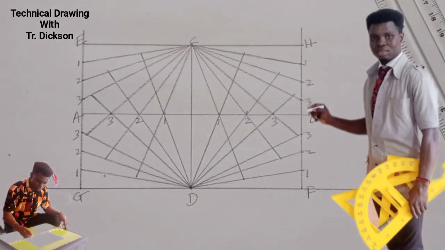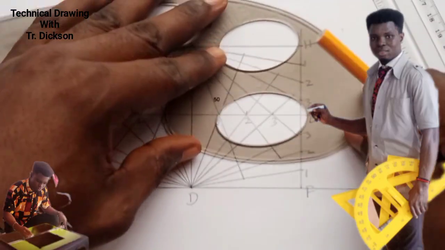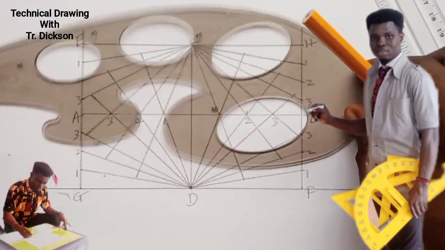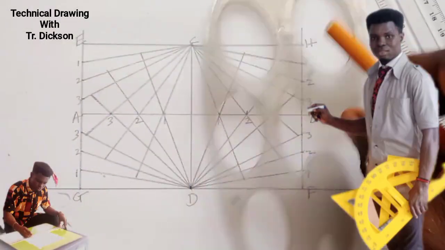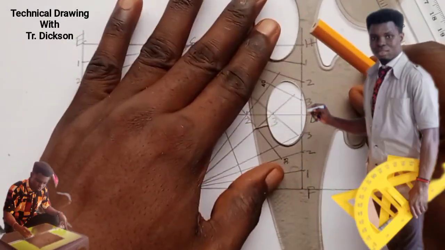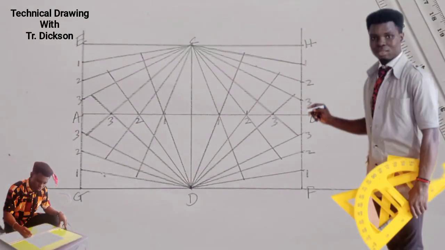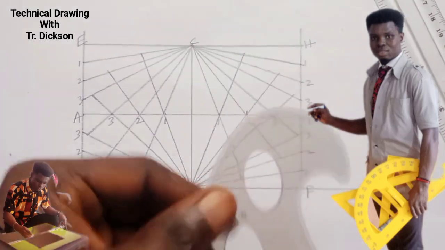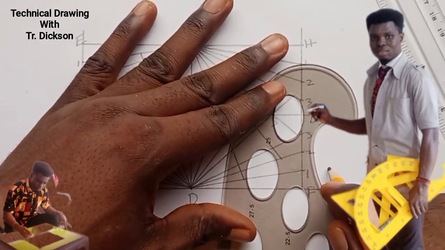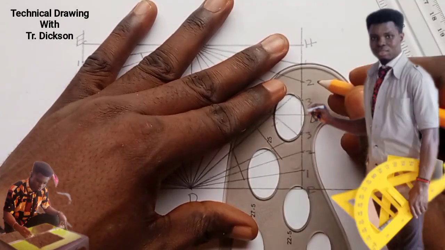It's for us to make our curve to give us the elliptical shape we were asked to do. So at this point I'm going to use my French curve to get the points. So this is my French curve, so as to get it real and accurate. I'm going to look for the curve that matches the points very well. Okay, I think this will do.